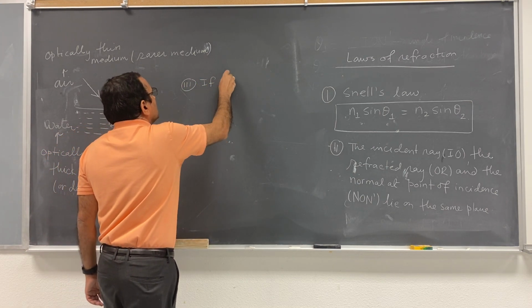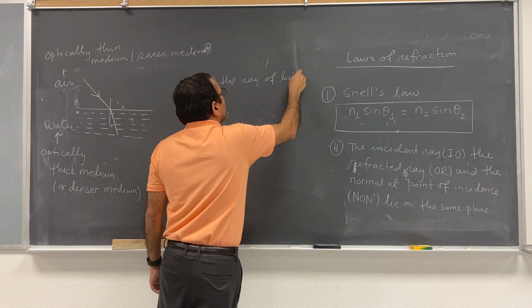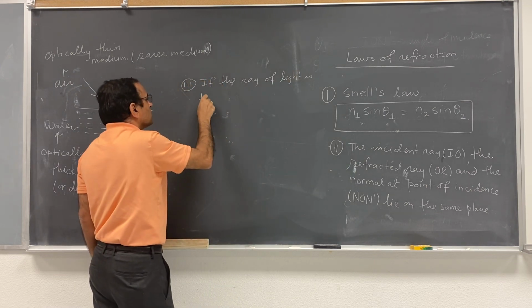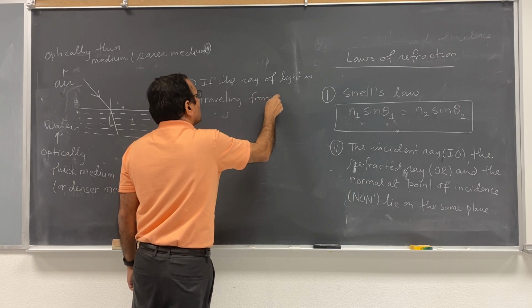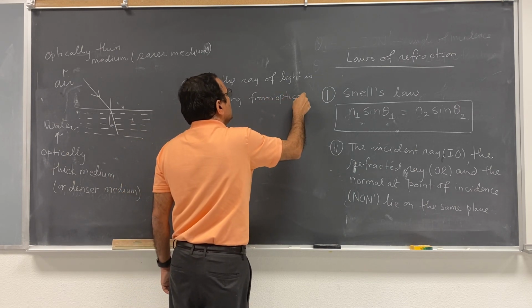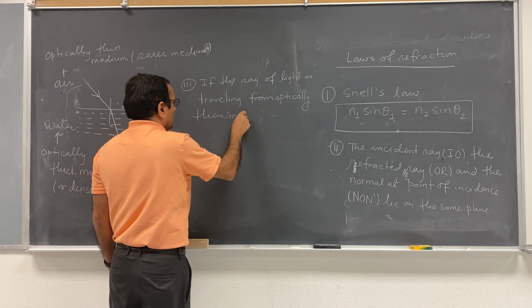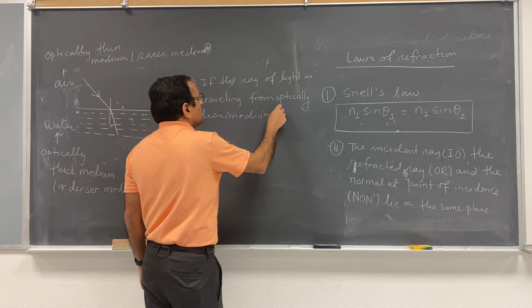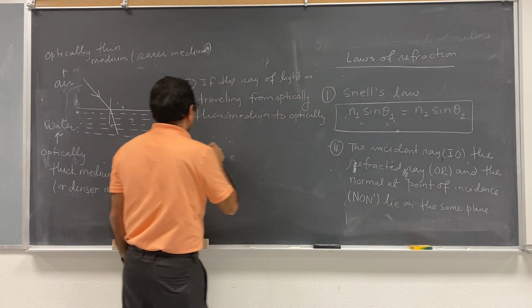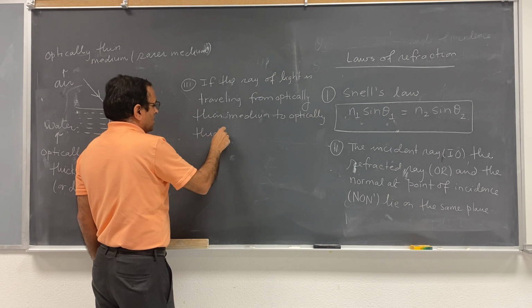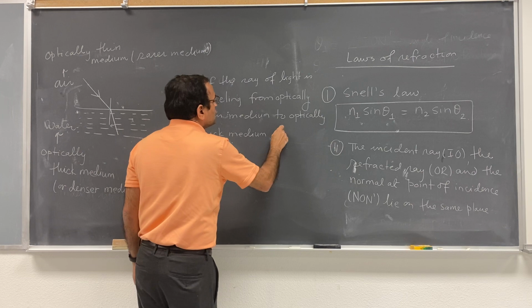If the ray of light is traveling from optically thin medium to optically thick medium, it bends towards the normal.